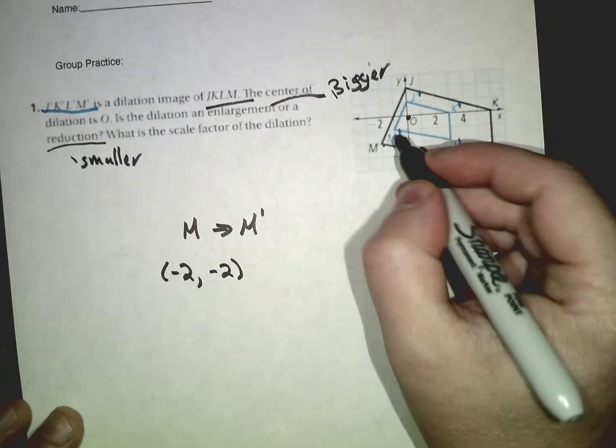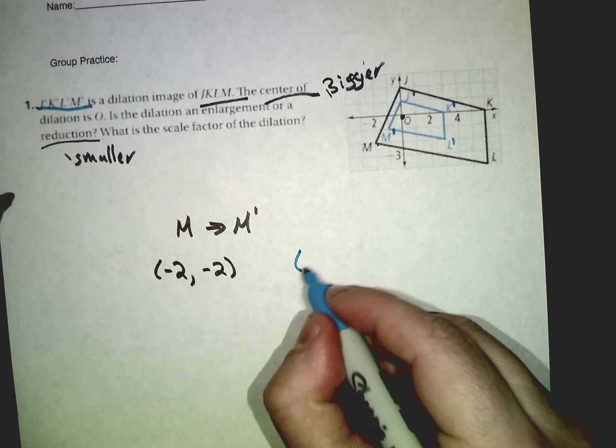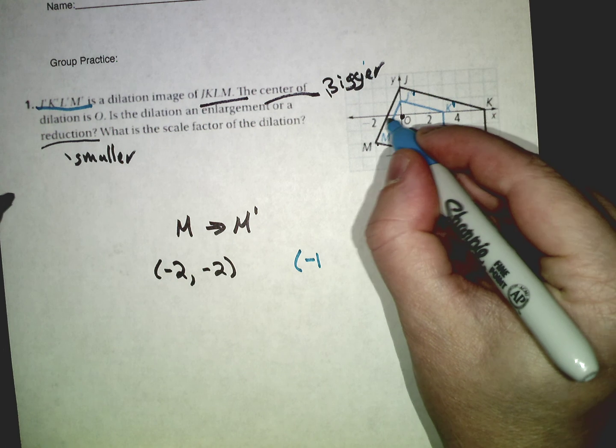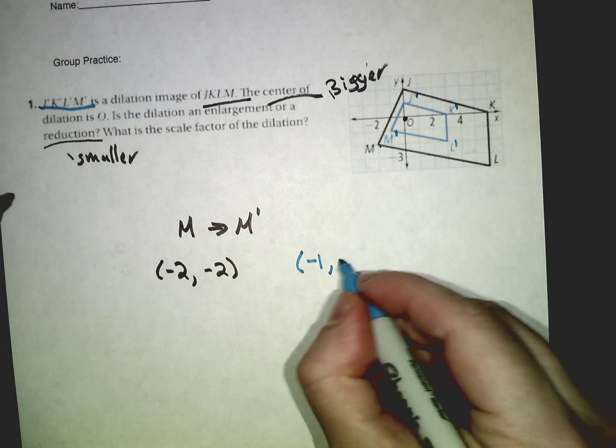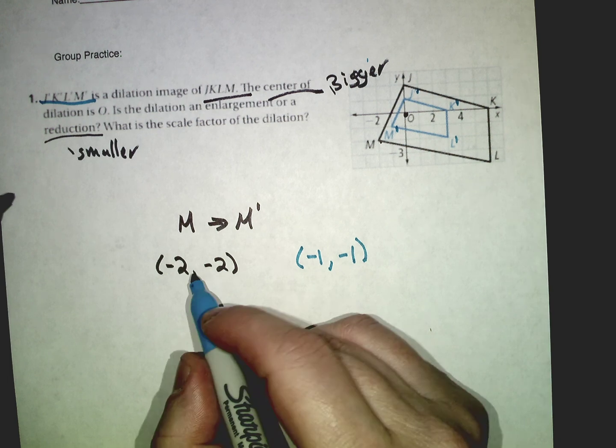Its new coordinates, when it becomes M prime, are -1 across and -1 down. So what happened? We're cutting it in half.